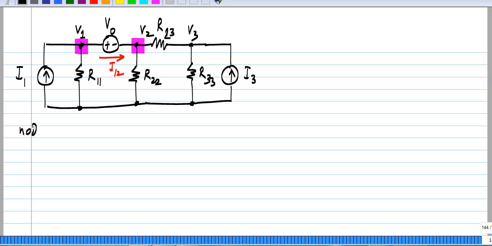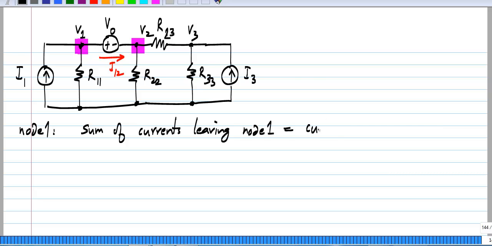The equation for node 1 says that on the left hand side we will have the sum of currents leaving node 1 being equal to the independent current injected into node 1.